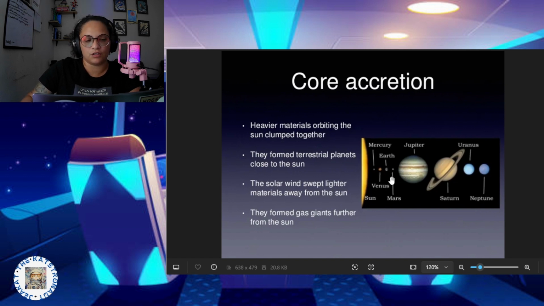And there's also reasons that I cannot explain yet, but that I have watched other scientists explain, for why our Jupiter hasn't.